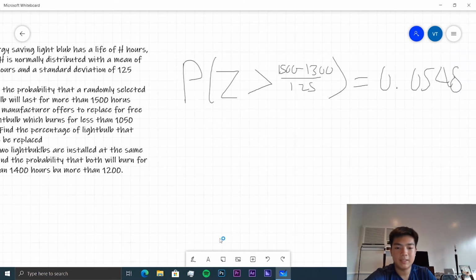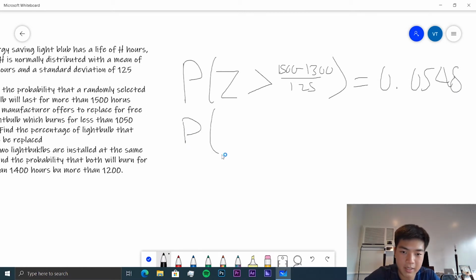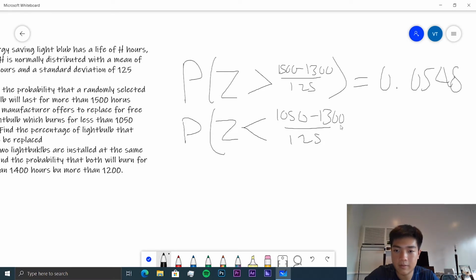Next, less than 1,050. So all the other information is irrelevant. It's more or less just z is less than 1,050 minus 1,300 over 125, which is less than -2.